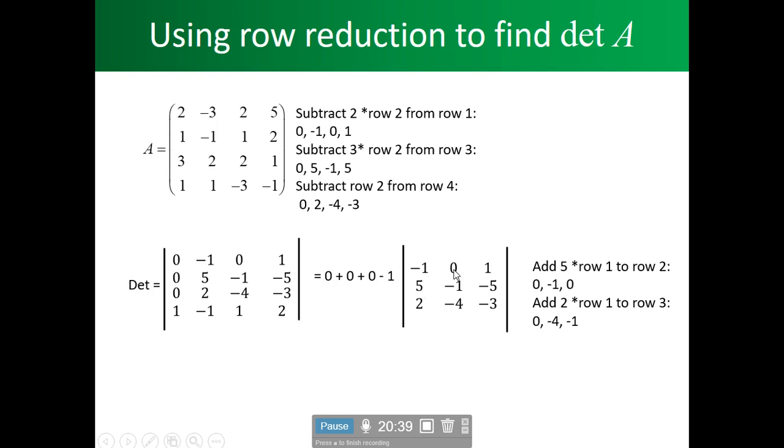Now 5 times 0 is 0, so you just keep a negative 1. Then you have a 1 here, you have a positive 5, and a positive 5 and negative 5 give you 0. So now we got 2 more zeros, yes! Let's keep going. We've got to get some of these zeros out.